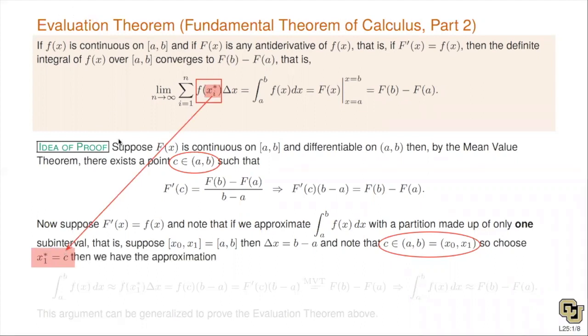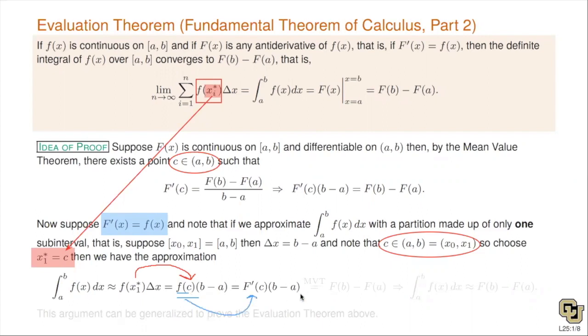So now my approximation becomes the integral. I'm going to approximate with height times width. The height at x sub 1 star times the width delta x, but x sub 1 star, we said, use that number c that you get from the mean value theorem. Now remember, little f of c is going to equal capital F prime of c. So I can replace this little f of c with capital F prime of c.